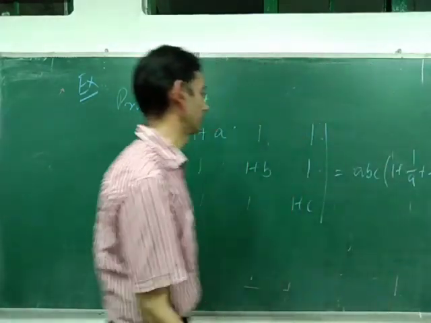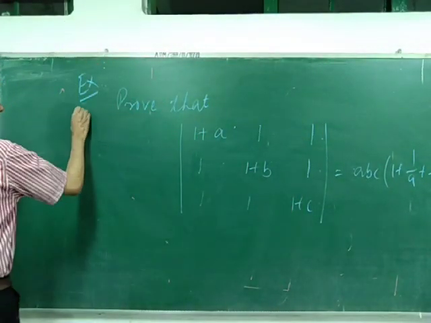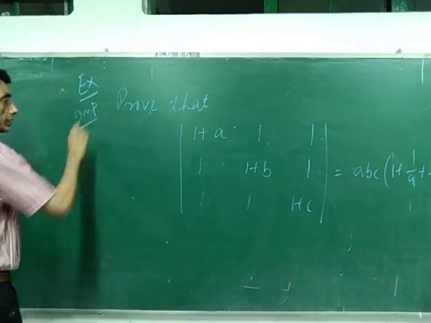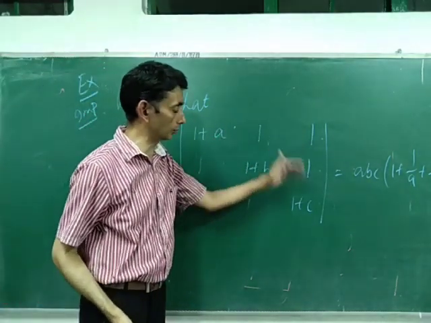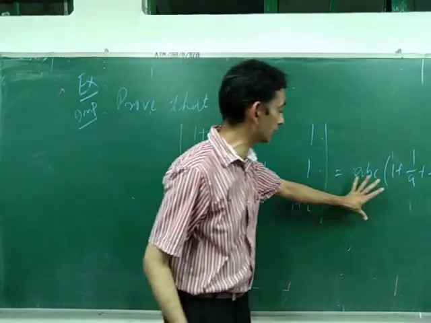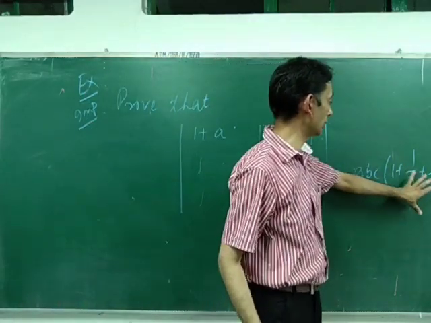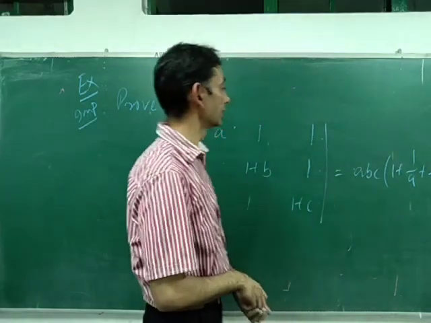This is also another very important question. Prove that it is equal to abc into 1 plus 1 by a plus 1 by b plus 1 by c.